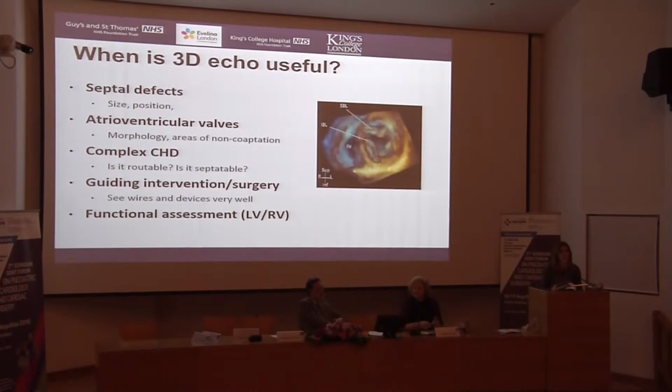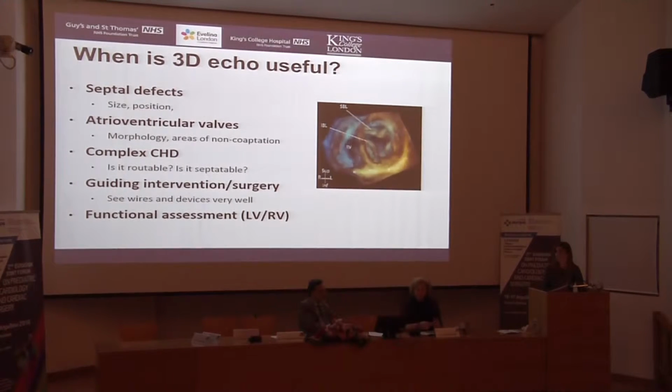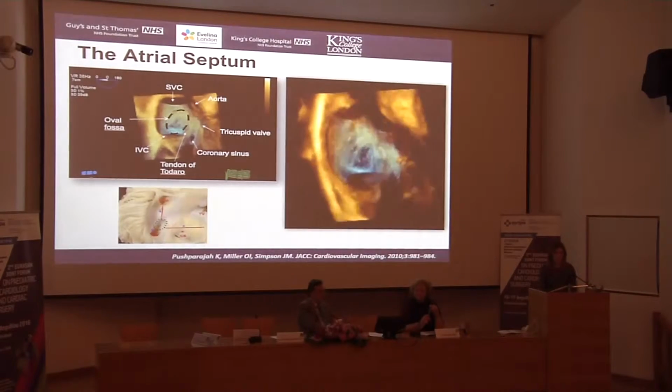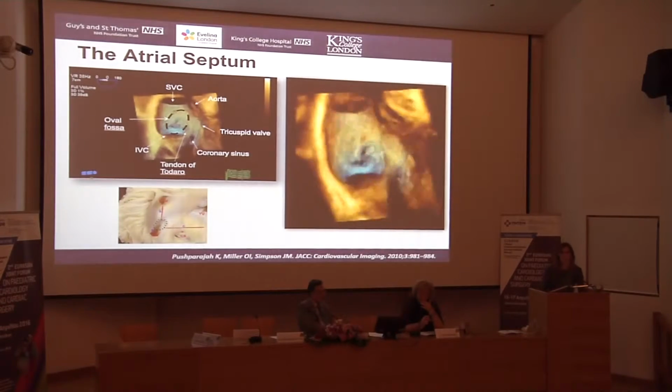We can see the relationship of the different structures and it can help us decide about the surgical planning of complex congenital heart defects. We can visualize the wires and devices very well, and sometimes it can be really helpful for complex catheter cases. And of course, functional assessment has been one of the main uses of 3D echocardiography. And here you can see some examples.